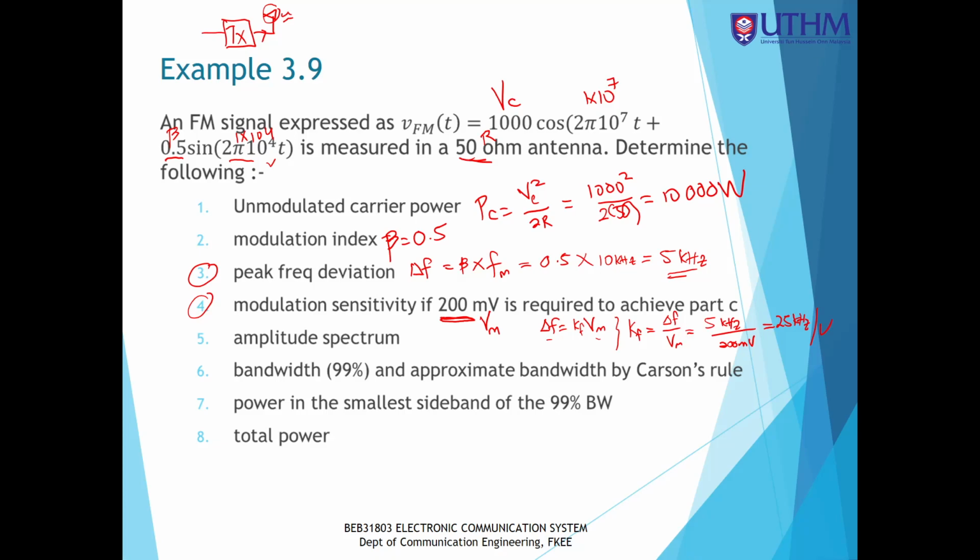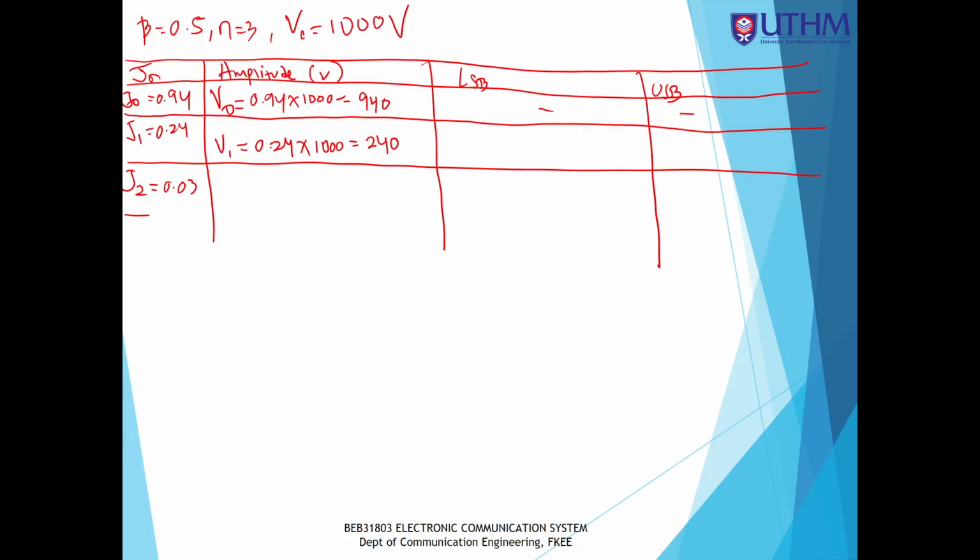So FC is 10 megahertz and FM is equal to 10 kilohertz. The first one is FLSB.